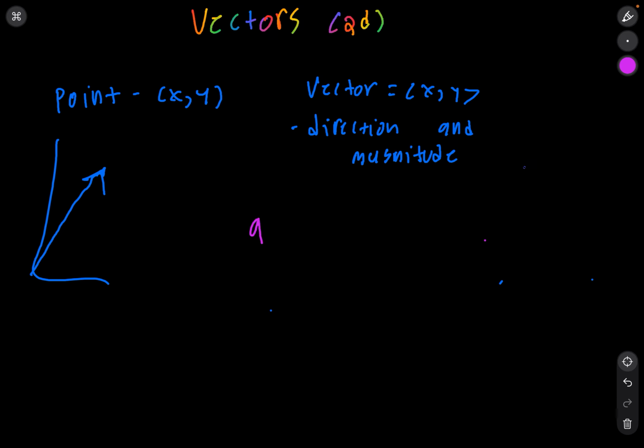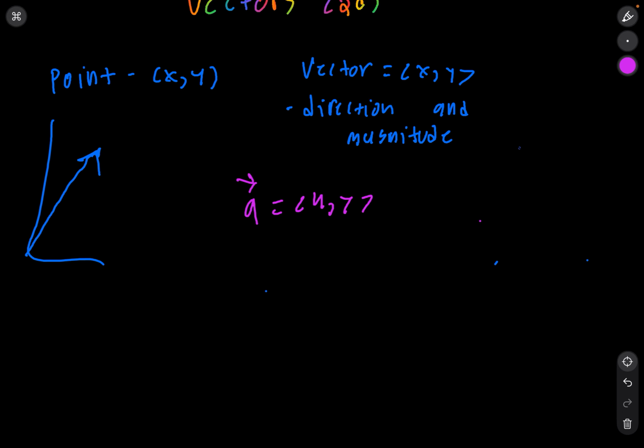So in order to work with vectors, let's take vector A. The annotation for vectors is usually A or B, whatever you want to call the vector, with a little arrow on top indicating that it's a vector. Let's say you had vector 4, 7. What does that mean? Essentially you would draw your axis. This is y, this is x.